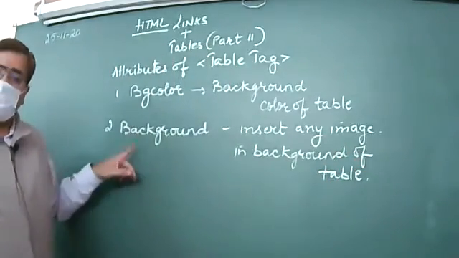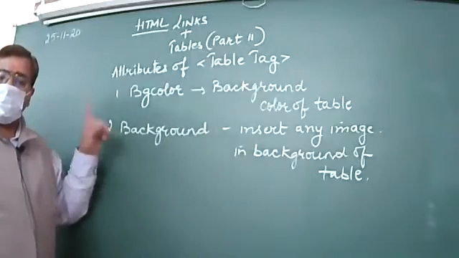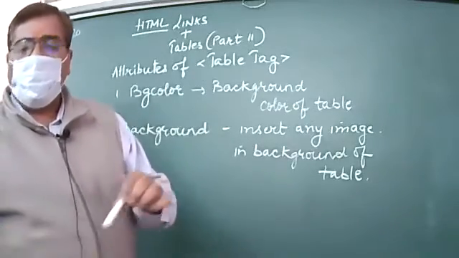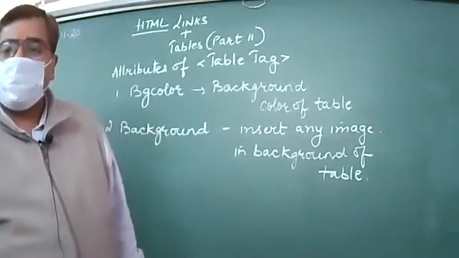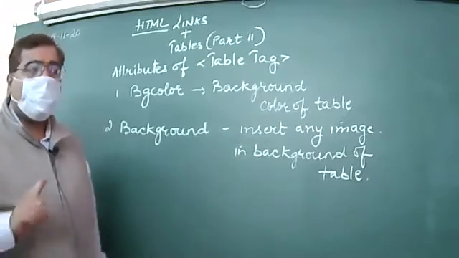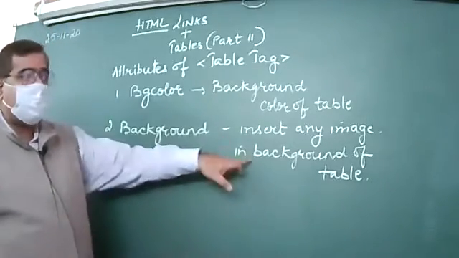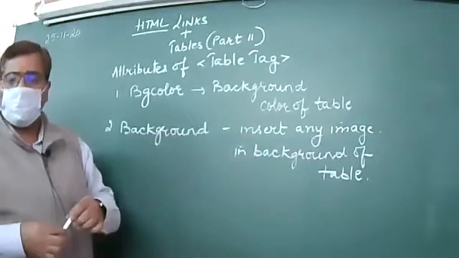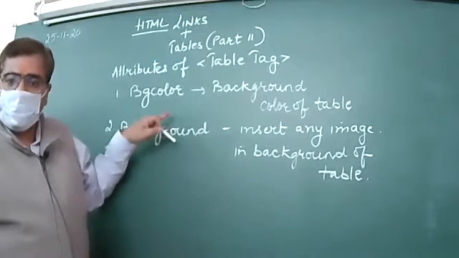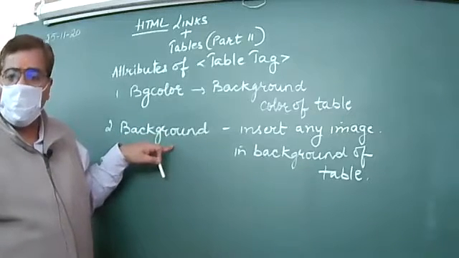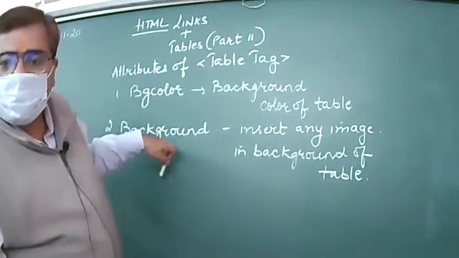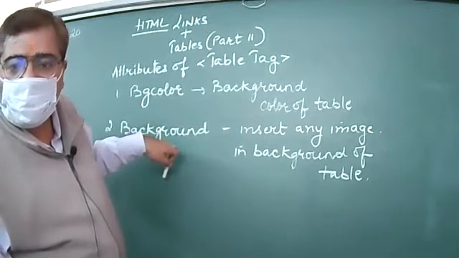Clear? Again, this attribute is also available in the body tag, but when you will be using this attribute inside the body tag, it will be inserting image in the background of the web page. Am I clear with these two attributes, everybody? Online students, am I clear up till here?